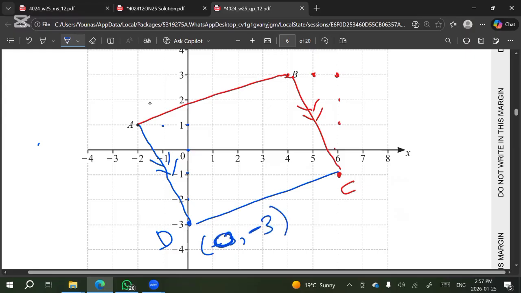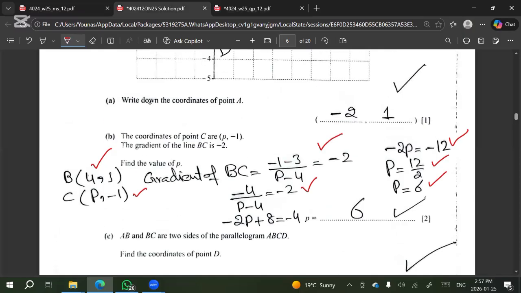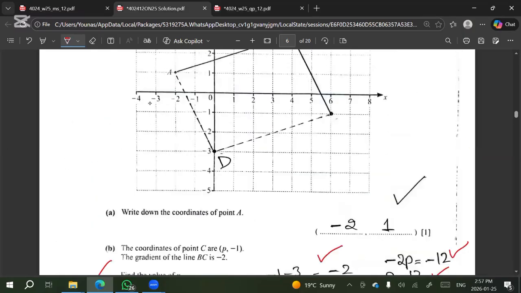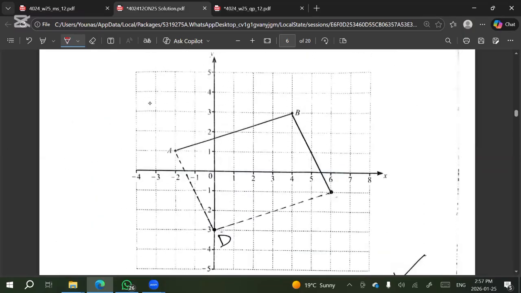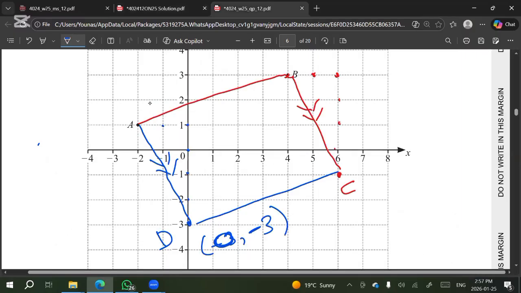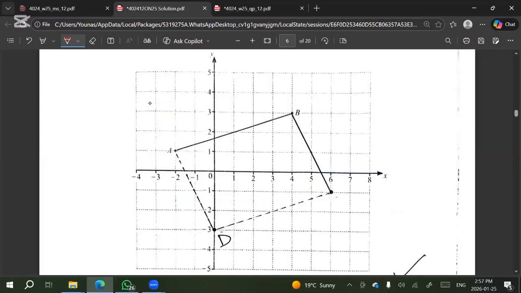Let me show you, I have drawn it in my solution with the help of the scale. For your explanation I was drawing it with the stylus so you can understand this. So the coordinates of D are 0 comma minus 3.